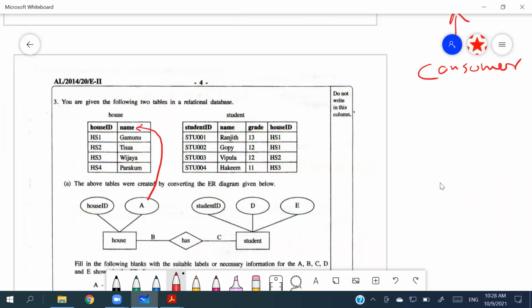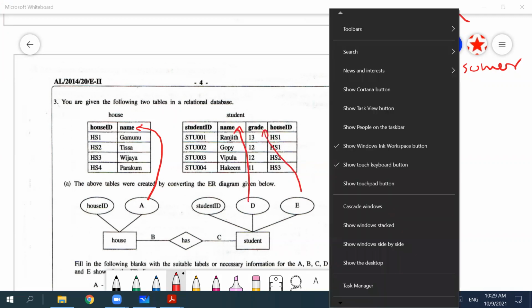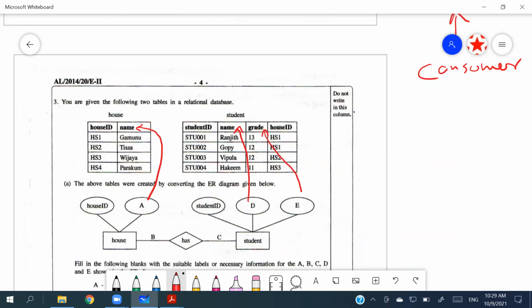For student, student ID is there. So D and E should be something which belongs to the student. So that means D can be name and E can be grade. Or you can toggle that. D can be grade and E can be name. House ID is there because house ID is the primary key of the house table, so it is acting as a foreign key in the student table.